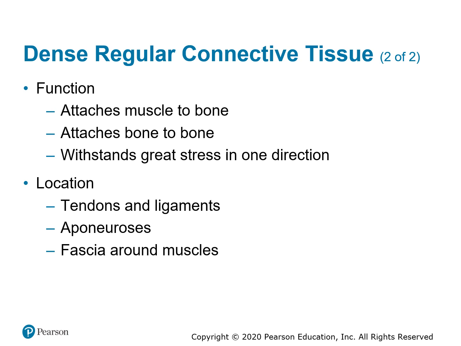Like I said, your tendons and ligaments attach your muscles and bones to each other. They can withstand great stress in one direction, because those fibers are parallel. It also forms your tendons, your ligaments, aponeuroses, and the fascia that surrounds your muscles, which is kind of like a little sack.